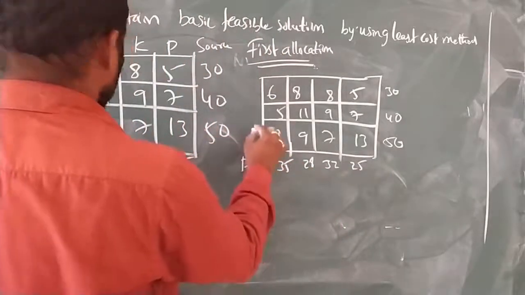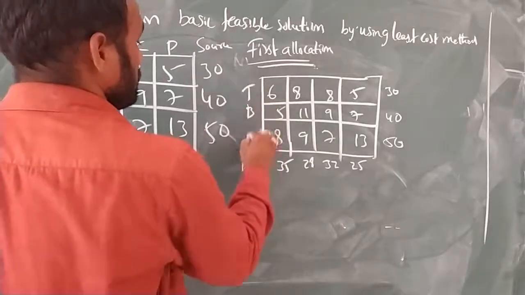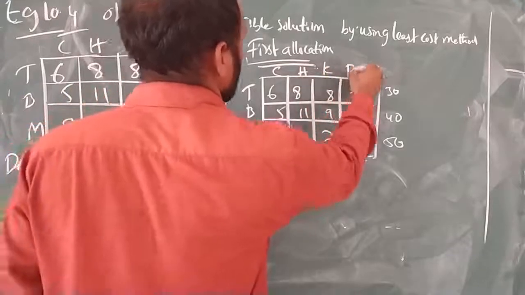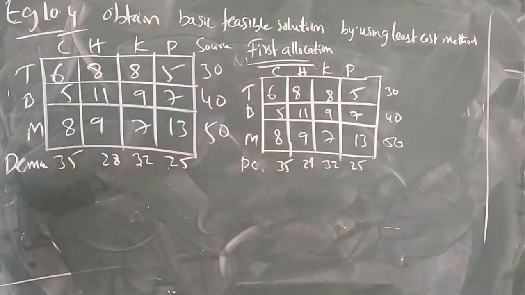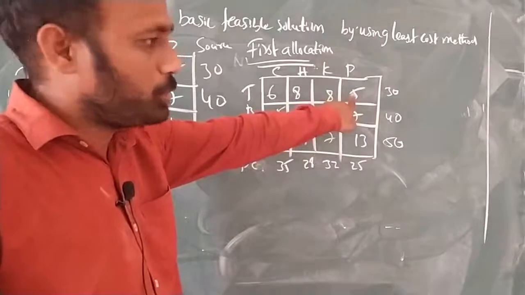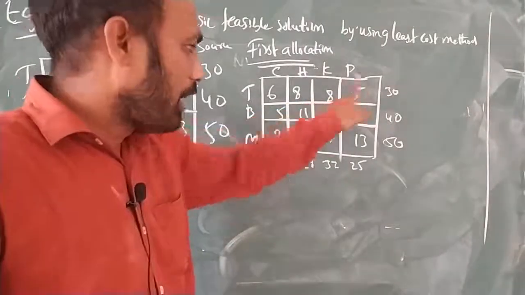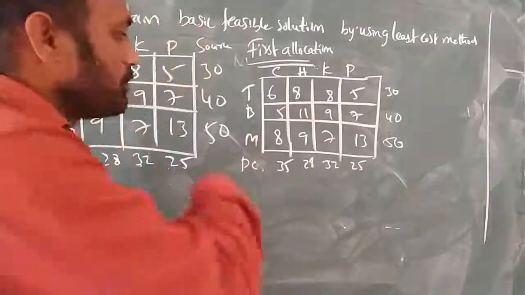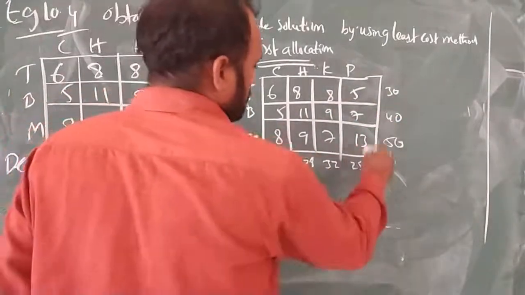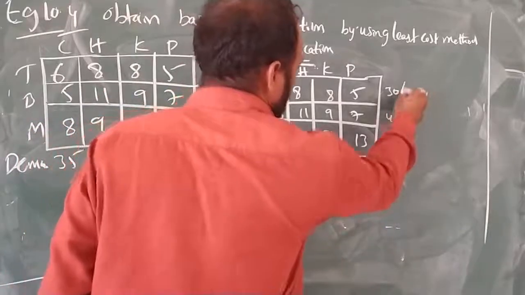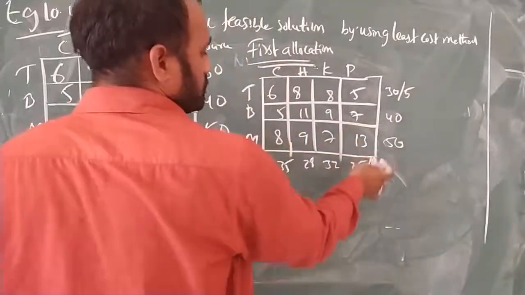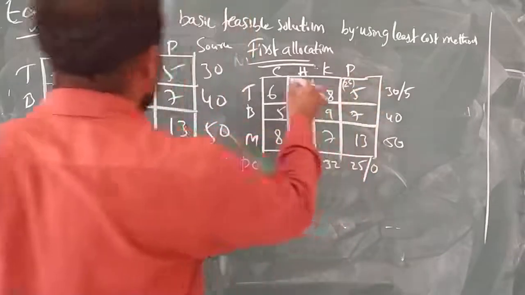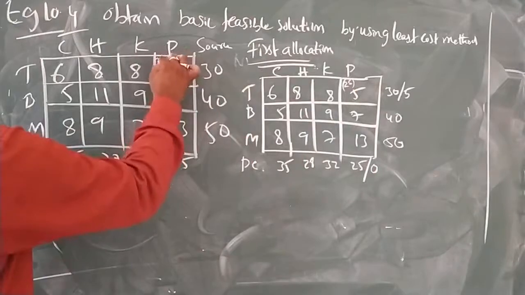So here demand and TBM, CHKP. After writing this, I said that since 5 is having the minimum value here. Of course, 5 is there at two places, but in this only 30 and 25 is there. So we can say that the minimum value is 25. So 25 minus 25 is 0, 30 minus 25 is 5. So since we are subtracting 25, here the value will come as 25. That I am mentioning in this. So that will be the final table.